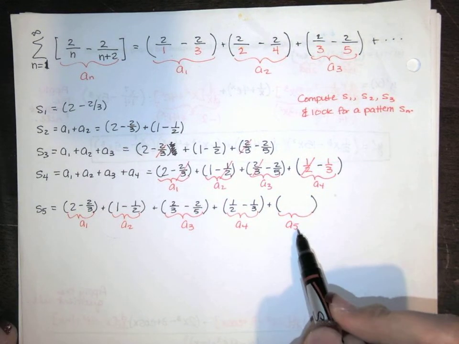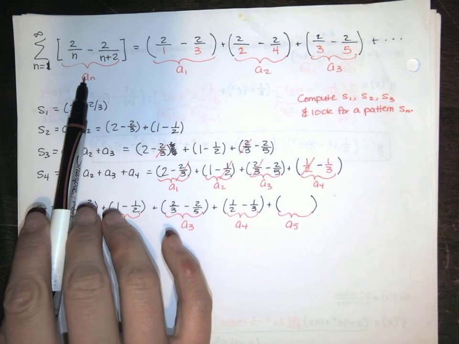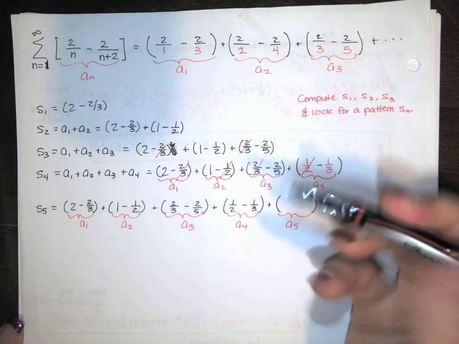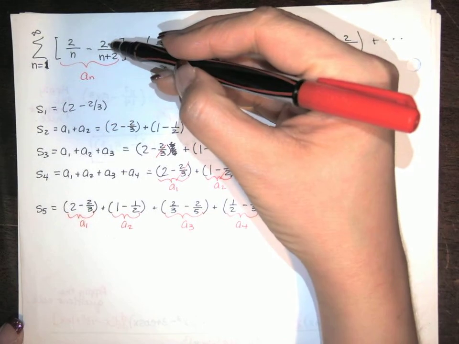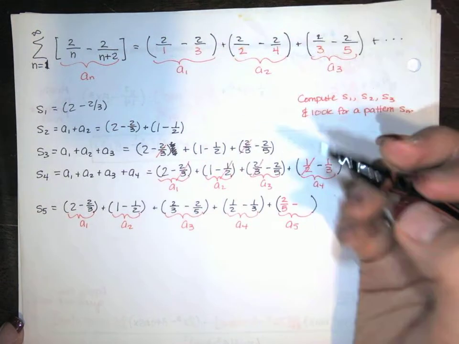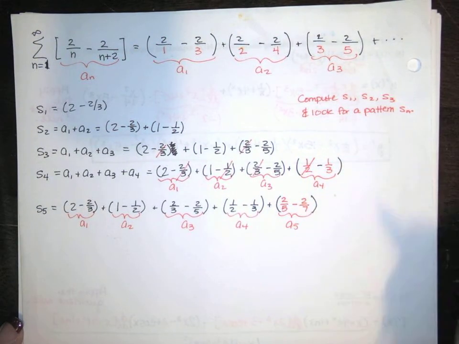I'm plugging in n equals 5 to a sub n up here. So when n is 5, I get 2/5 minus 2 over 5 plus 2 is 7, so 2 over 7.